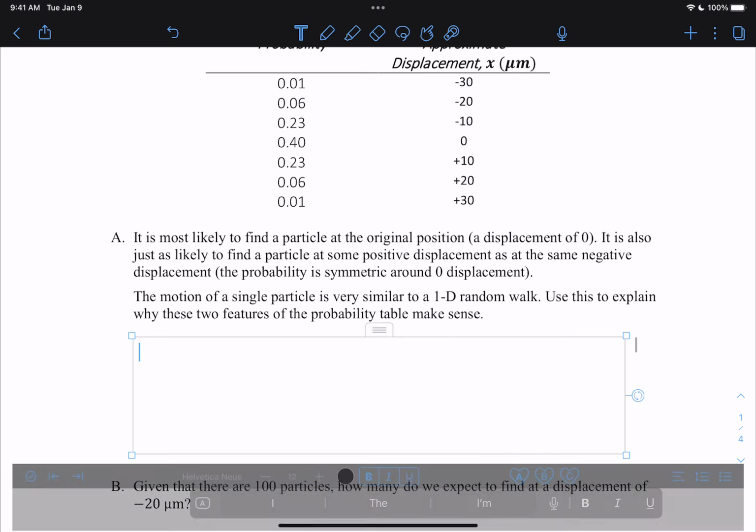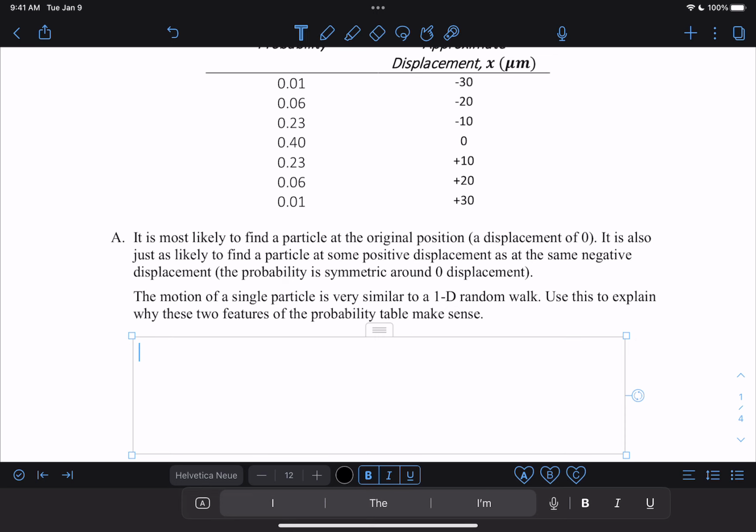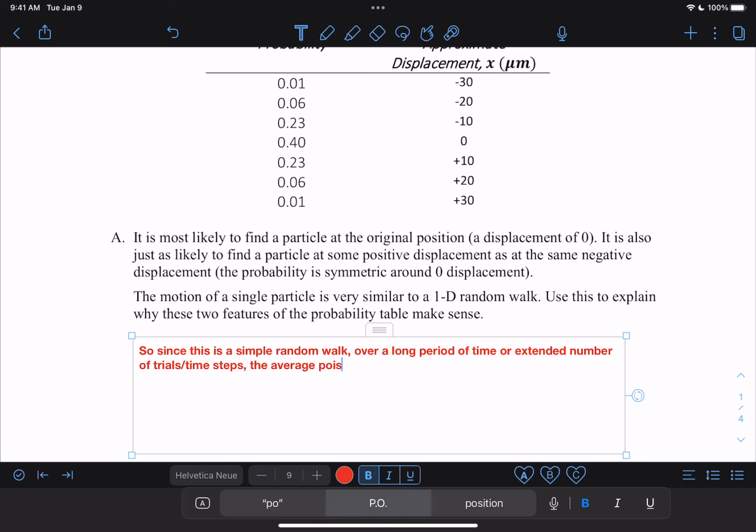Since this is a simple random walk, over a long period of time or extended number of trials, or time steps, I kind of said this earlier, the average position is going to be back where the particle started.